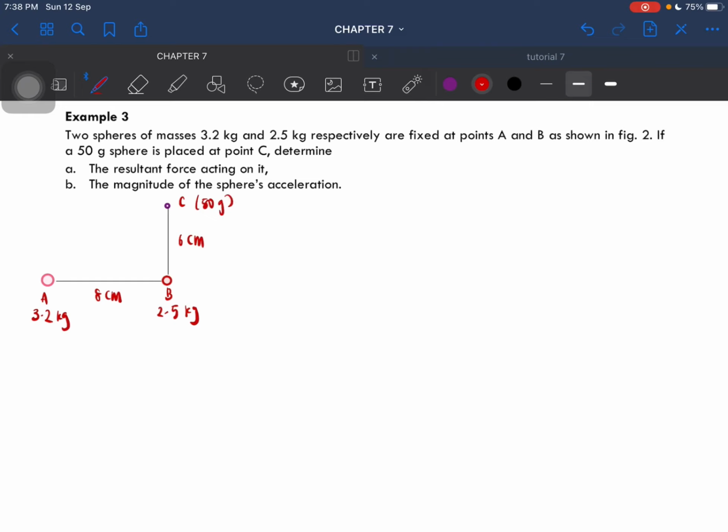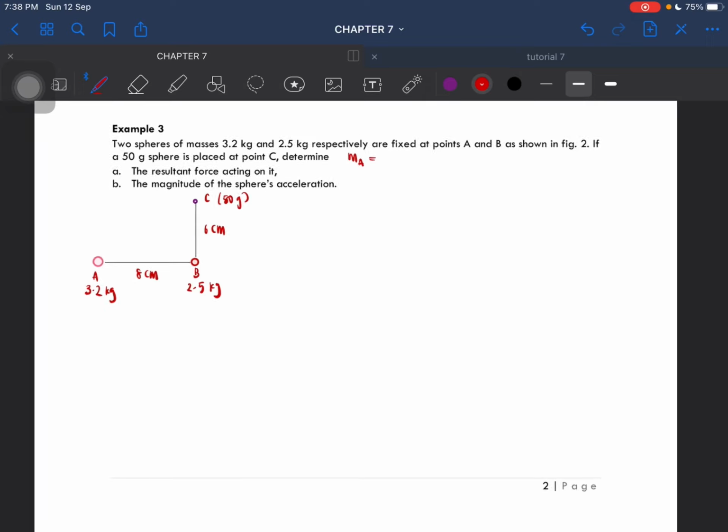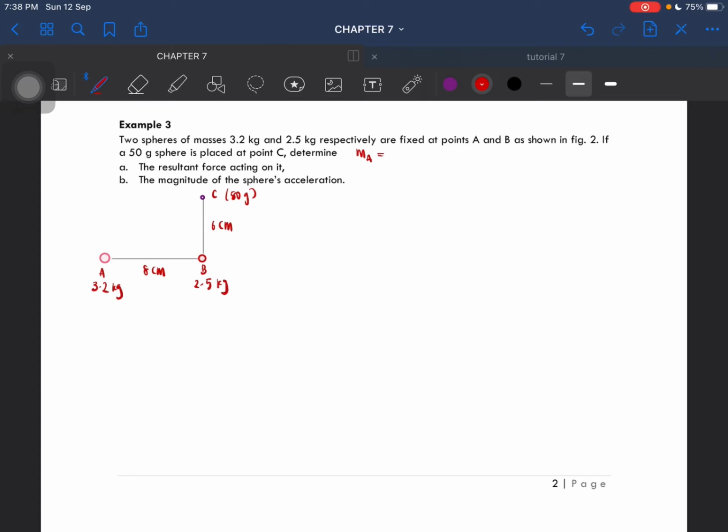Okay, so based on the question as well as the diagram, the information that we have is the mass of A, which is 3.2 kilogram, mass of B 2.5 kilogram, and then mass at point C 50 times 10 to the negative 3 kilogram.